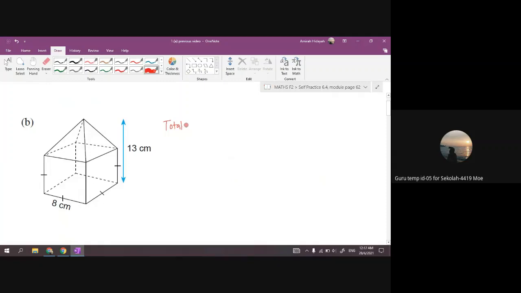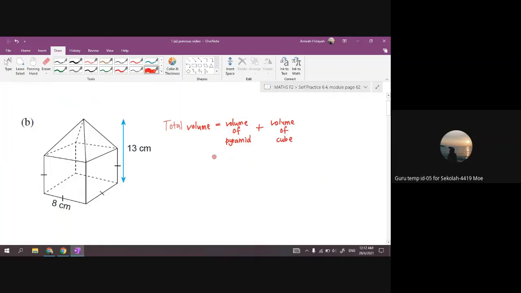Firstly, you need to write the formula. So total volume equals volume of pyramid plus volume of cube.